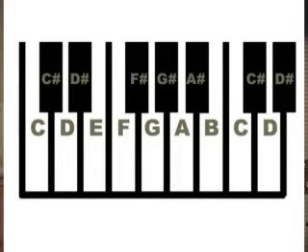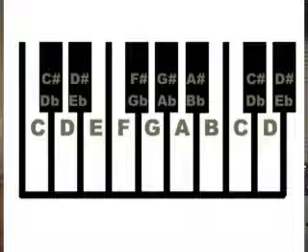So one could call the note between C and D C sharp, because it's a half step above C. But one could call the note in between C and D D flat, because flat means it is lower in pitch 1/2 step from the note that you're talking about. So we've got the same note, but if we're talking about it in relative position to D, it's now D flat.